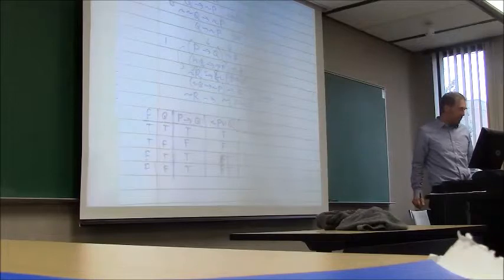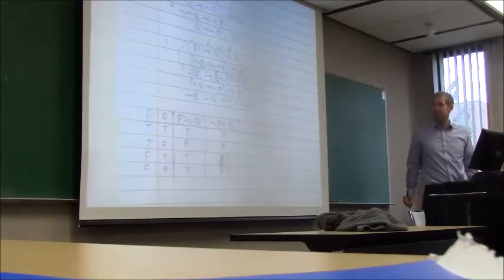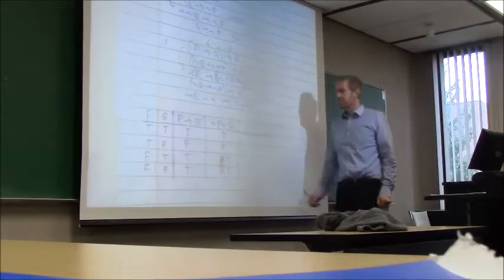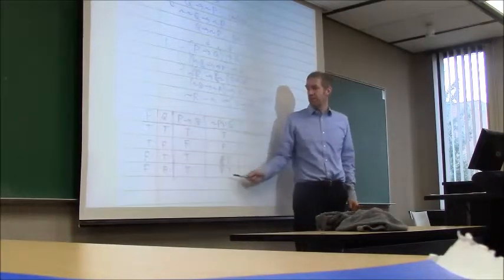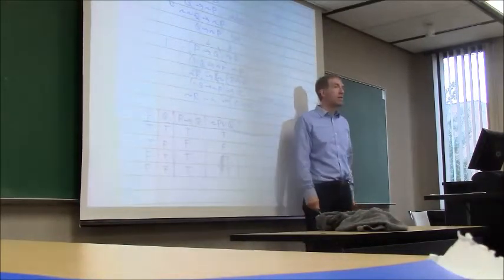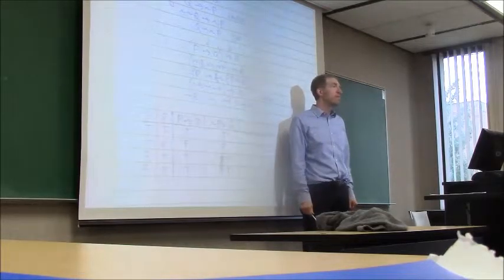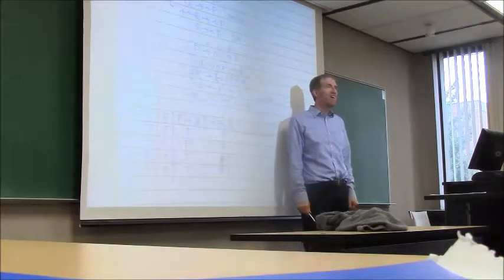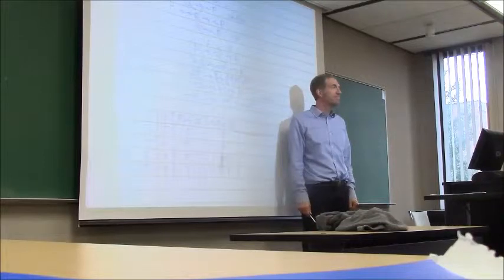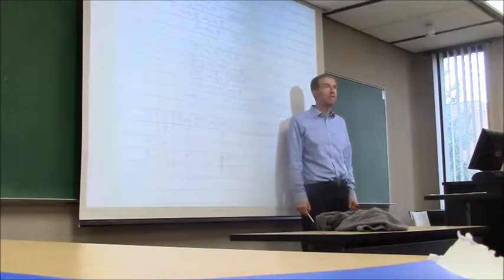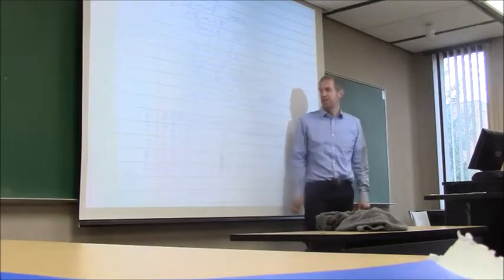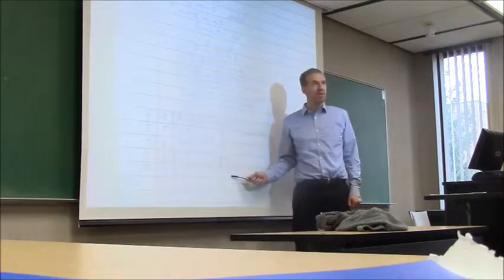Okay, now, let's put it this way. Will there be a conjunction that is equivalent to these? Yes or no? No. Why not? Well, what do we know about the truth table for a conjunction? It's only true once. These are true 3 times.